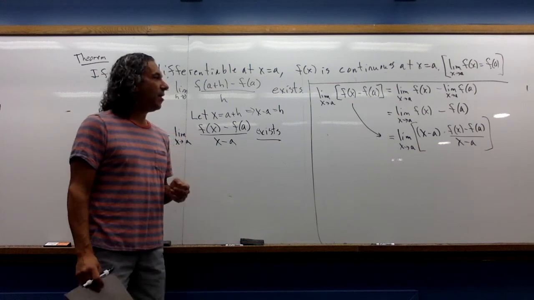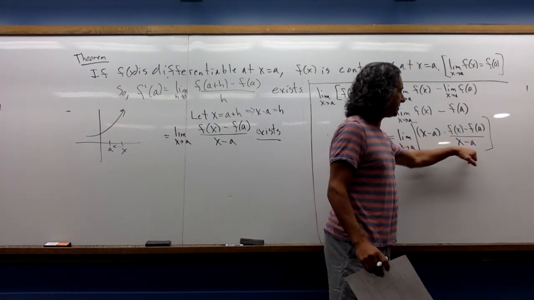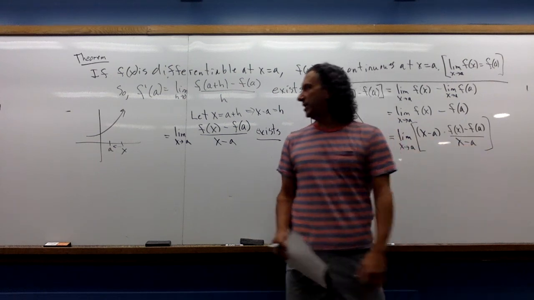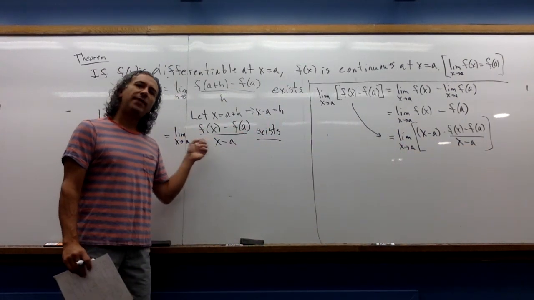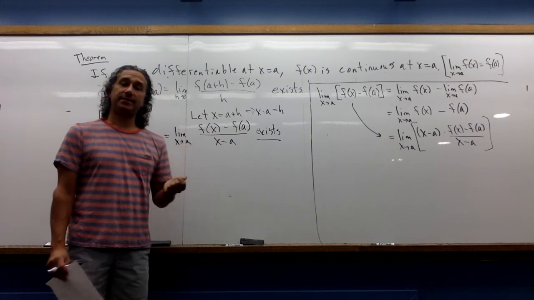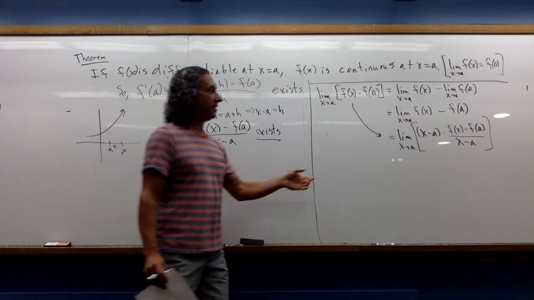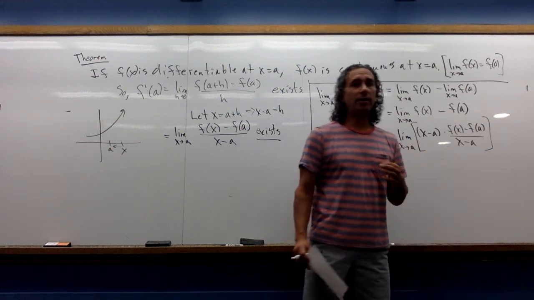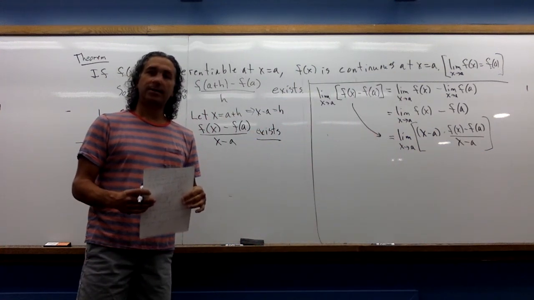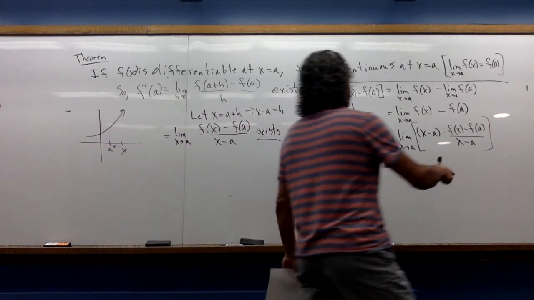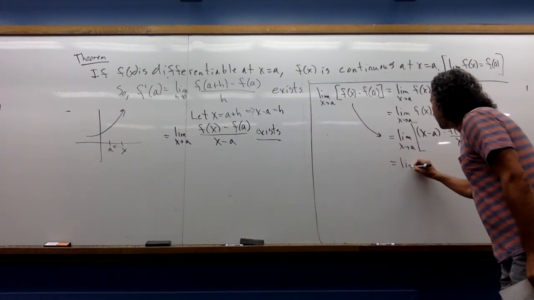Now, why did I do that? Well, because now I have this creature, which is this guy over here. And we know that that guy's limit exists. Well, the limit of a product is the product of the limits as long as both those limits exist. We know this guy exists, and let's see what happens with the left term.